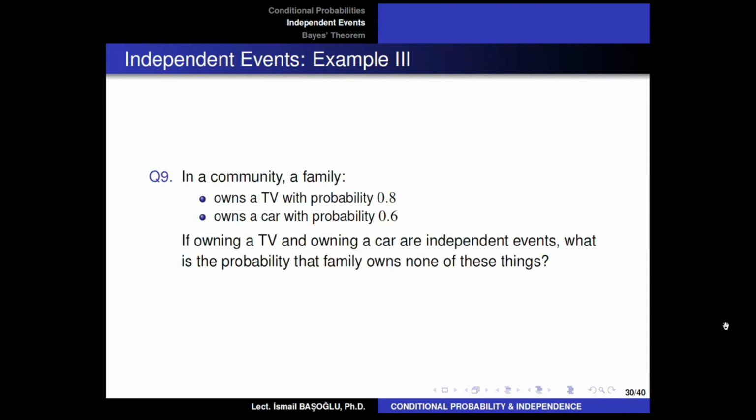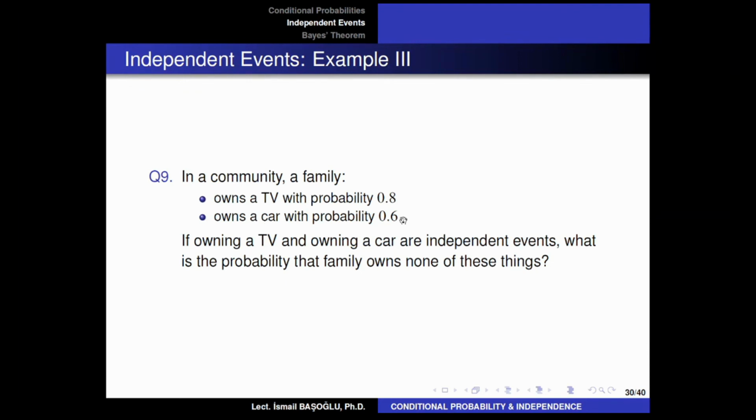Now we are going to use this information in a question. It says in a community, a family owns a TV with probability 0.8. So if you randomly choose a family, by 0.8 chance, this family owns a television, and a random family owns a car with probability 0.6.